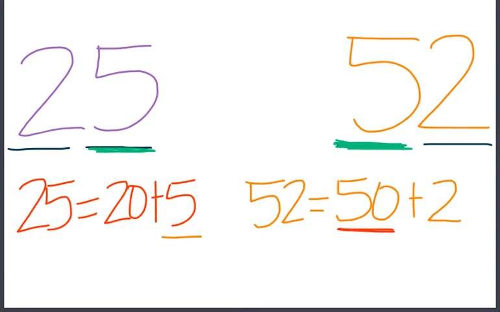And the 5 in 25 is worth 5. We can see it written out right here when we write out the number 25 and see each place value, 20 plus 5. Let's keep going and use base 10 blocks to show numbers and the values of the digits.